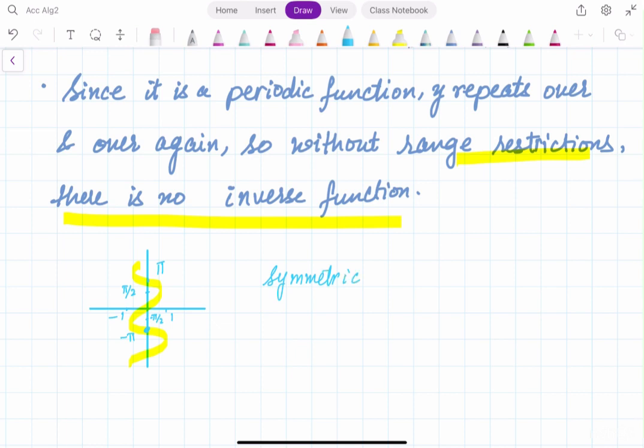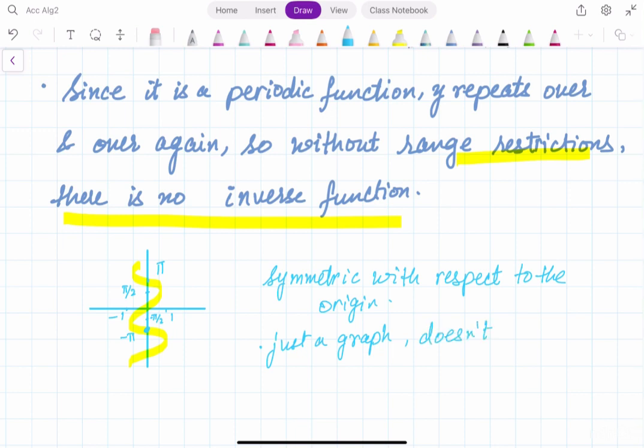So as you can see, this is symmetric with respect to the origin. And this is what kind it will be. It will be odd. So basically the sine and cosine function, technically they are just the graph.